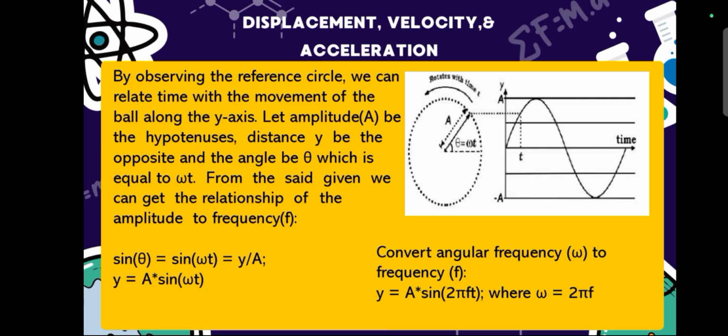As you can see in the picture, we have the formula sine theta equals y over A, or you can say that y equals A sine of omega t. Then the next is how to convert the angular frequency to frequency. We can use y equals A sine 2 pi f t, where omega equals 2 pi f.